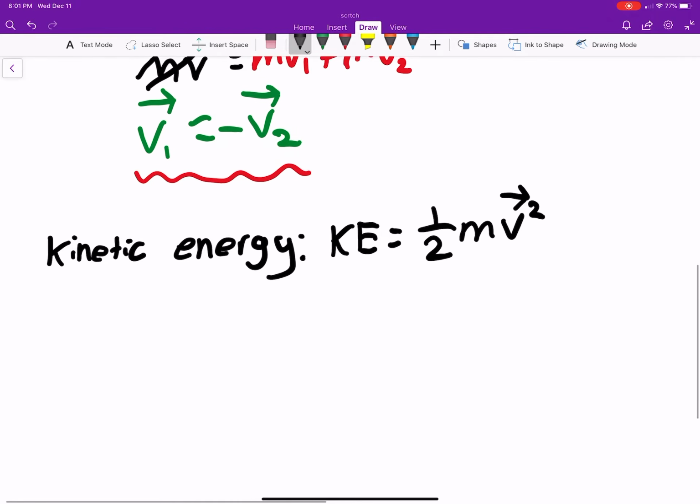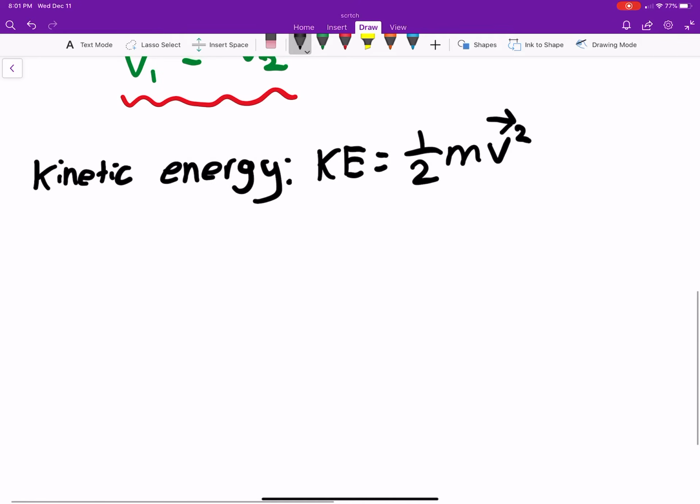So the kinetic energy from the first atom that split is going to be equal to the kinetic energy of the second atom that split. Now, why is that?